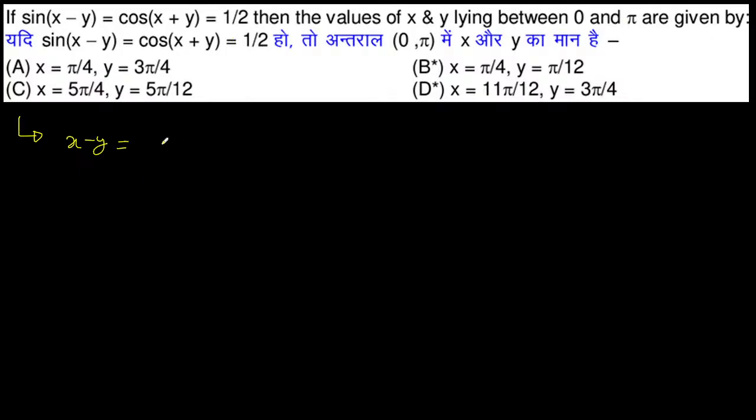So we can say that theta is equal to π/6 or 5π/6, and x plus y is in 0 to pi. X plus y will be positive only when it is in first quadrant, π/3. So if we add both the equations, we get 2x equal to 90 degree, x equal to 45 degree, which is pi by 4.